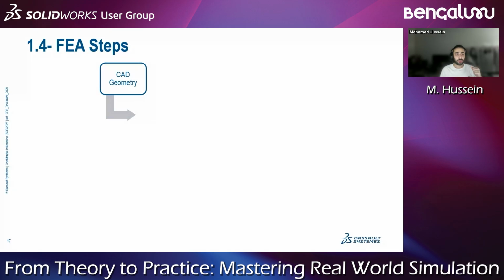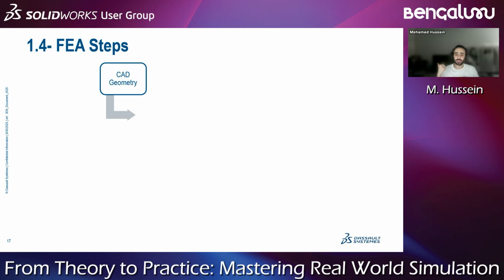Okay, so what are the steps for FEA? These steps are not only for SolidWorks. If you are using any kind of simulation software or package, SolidWorks, the 3DEXPERIENCE platform, Simulia Abaqus, or any other software, you will be following the same steps. The first step is the CAD geometry.